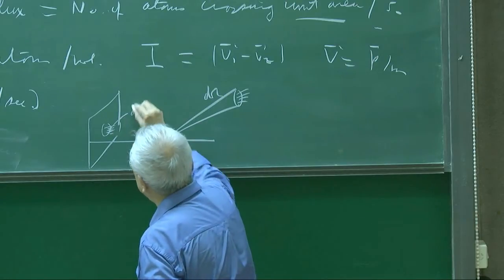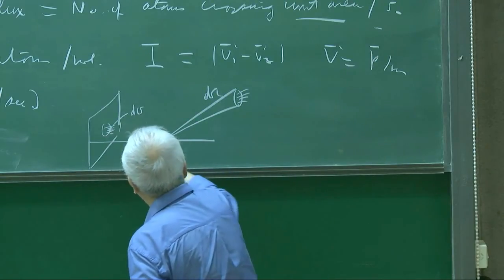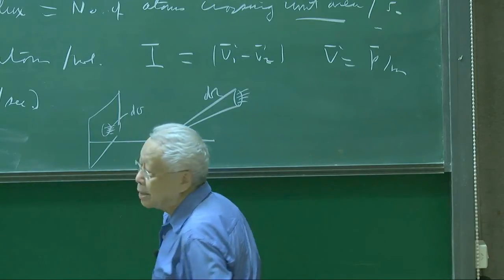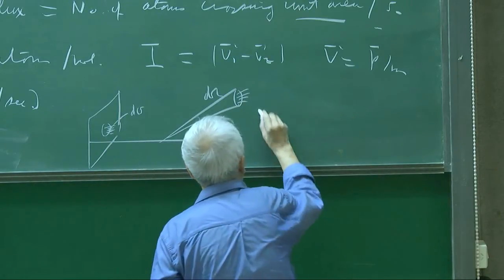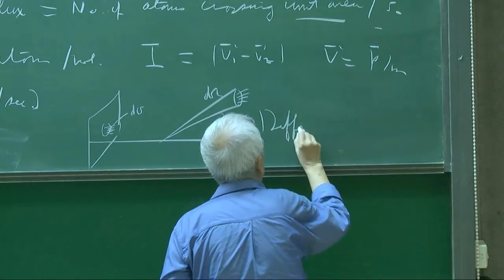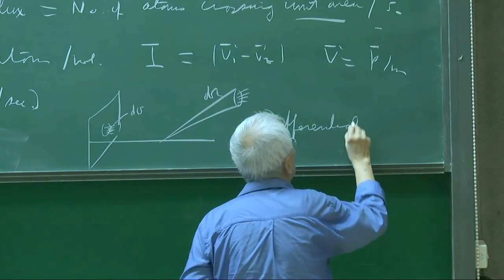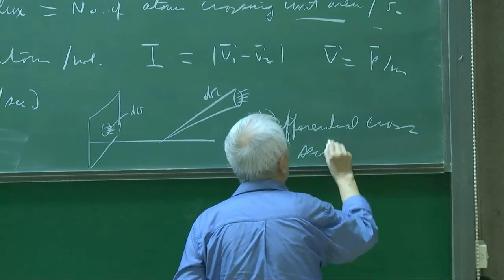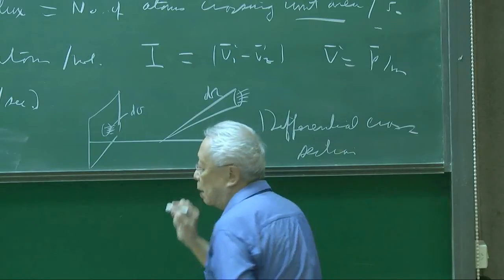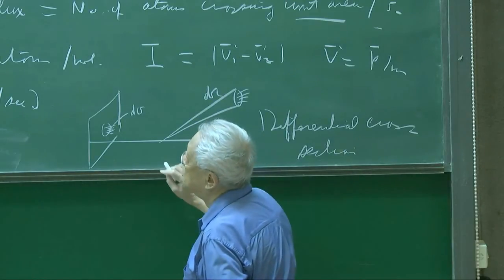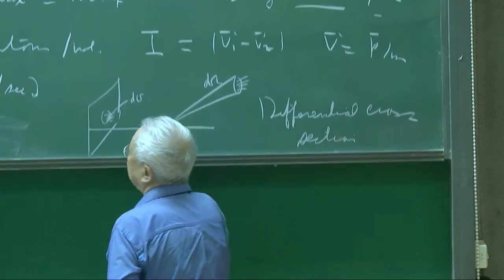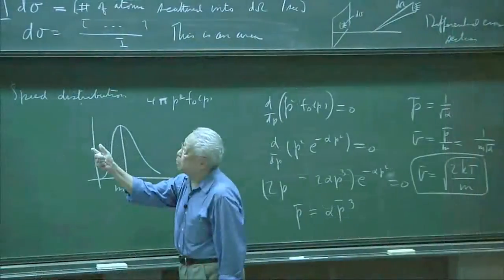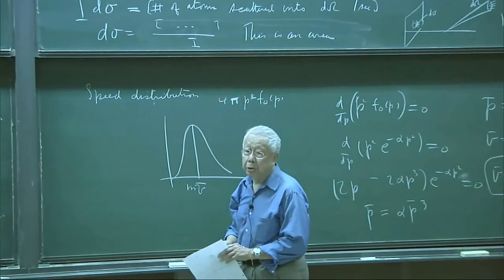This is d sigma. If you cut this out, all these particles will scatter into here. And so that is why it's called a scattering cross-section. So it's a differential cross-section. And this is the quantity you measure in the laboratory. And when we do the integral, we will try to maneuver the integral so that this appears in the integration so we can use experiments.